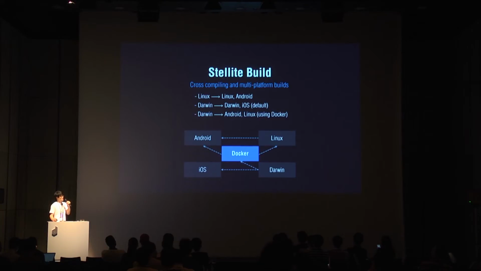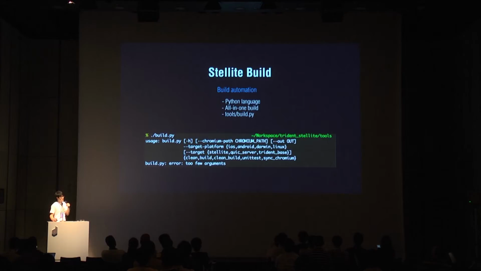Docker is also necessary to automate the multi-platform build process. Building is time-consuming without automation. So we wrote an original build script using Python, used with a Jenkins build machine.